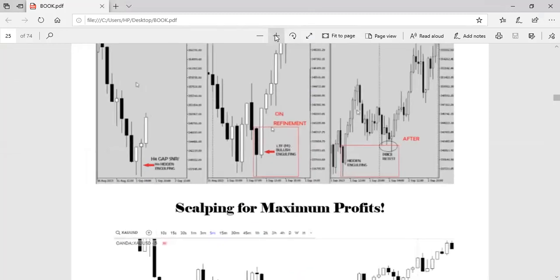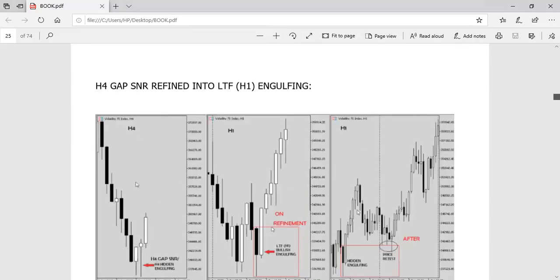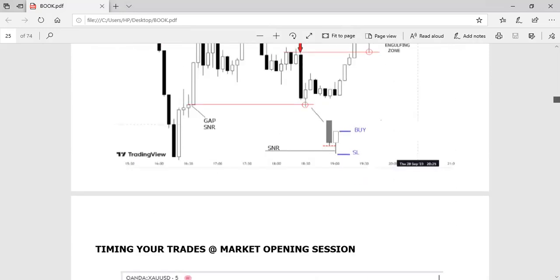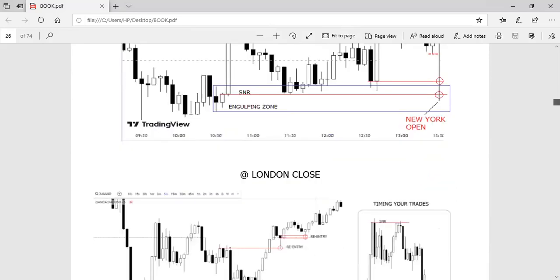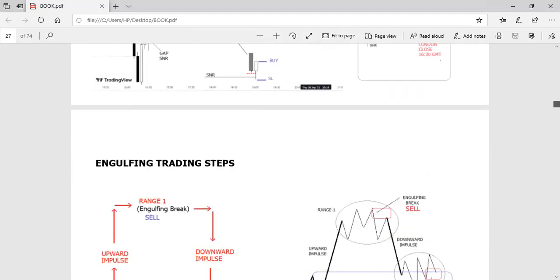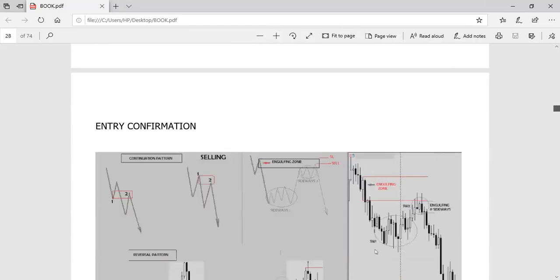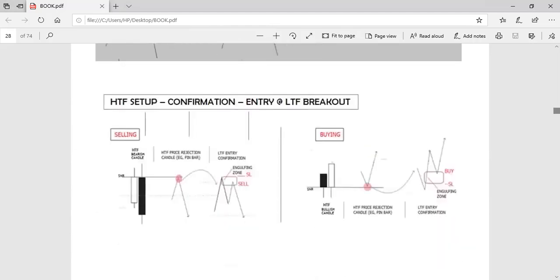And then how do you refine the engulfing zone? If you see it in a higher time frame, how do you refine it? And we'll be able to show you the different trade plan to follow, which is this.